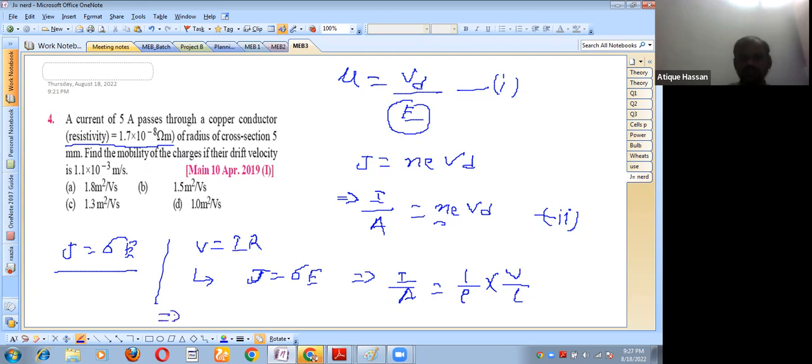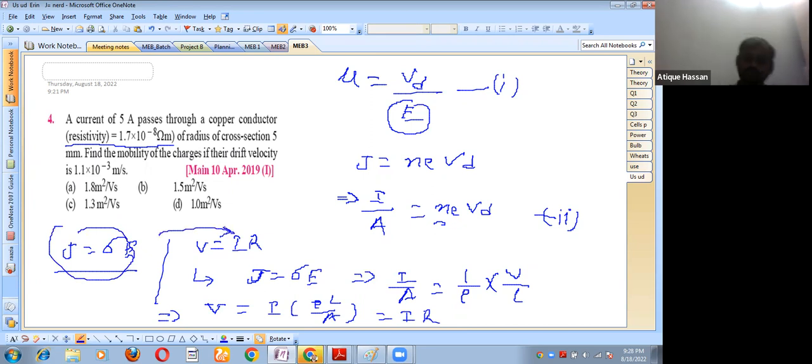If you rearrange this, you will get V is equal to I into rho L by A, right? And you all know that rho L by A is the resistance. So V is equal to IR. This is actually similar to V is equal to IR, what I am trying to explain. So both are Ohm's law, right?